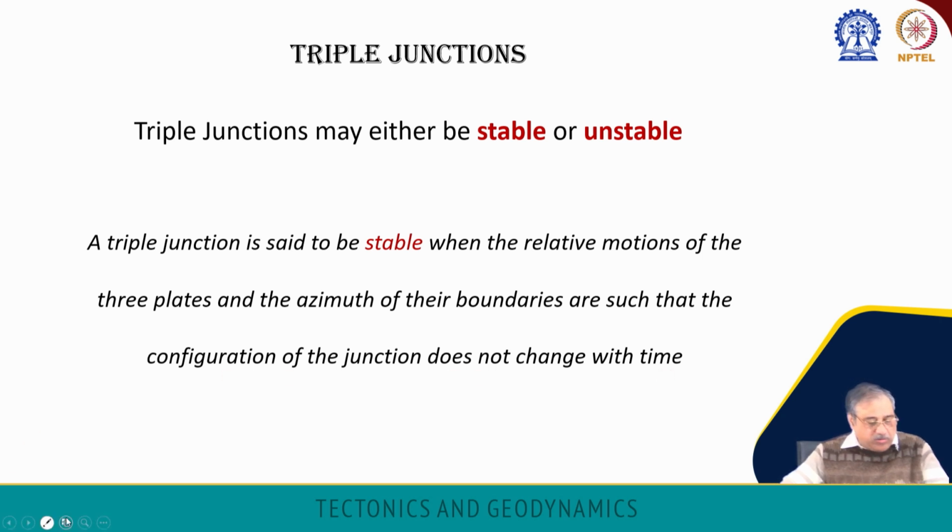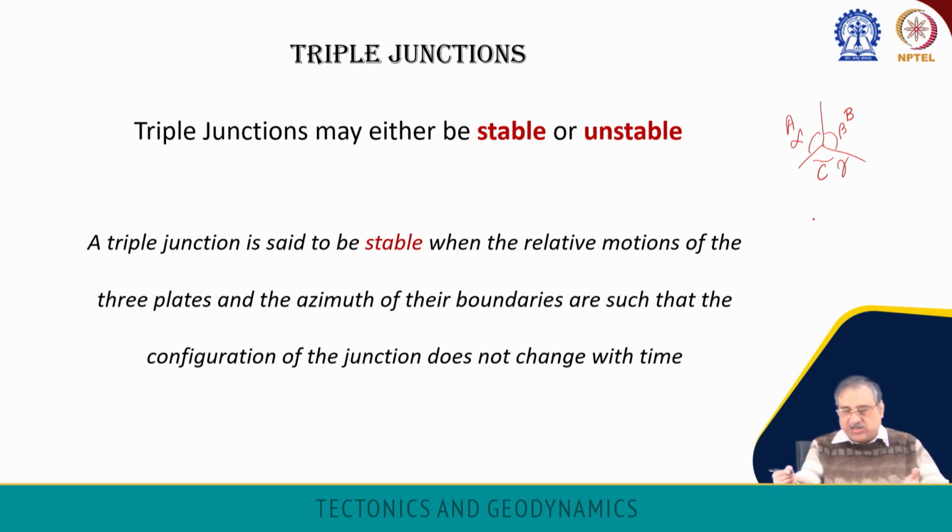Now, these are all words that sound impressive, but exactly what do they mean? So, the idea is that if you have a junction between three plates, let us say something like this. Just imagine that there are three plates A, B, and C like this at one instant in time, and they make angles alpha, beta, and gamma with each other, just for the sake of simplicity.